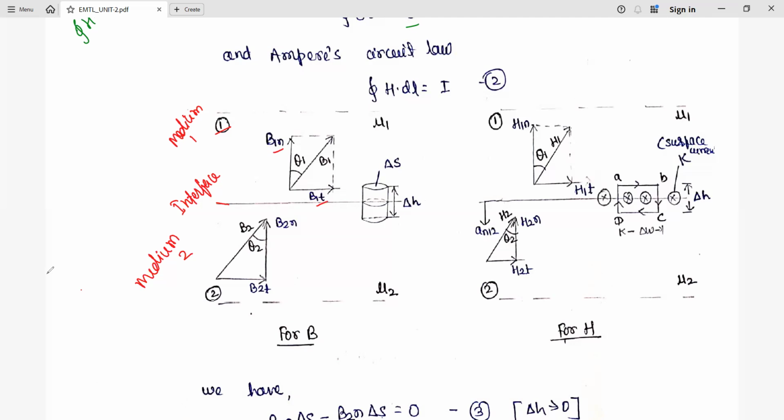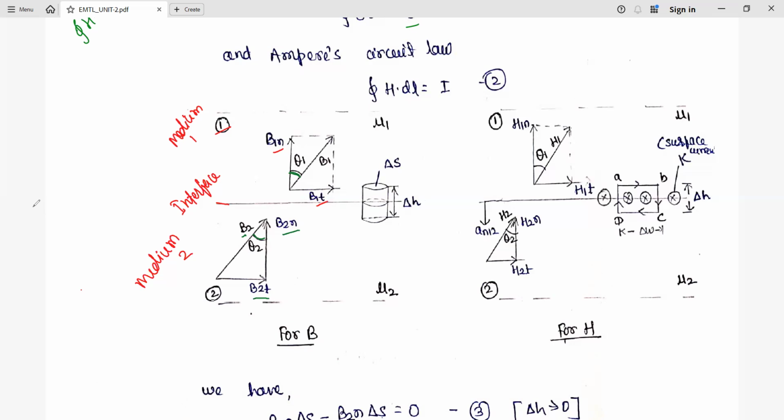Whereas in the case of medium 2, the magnetic flux density B2 has tangential component B2T and normal component B2N. If this flux density makes the angle theta 2 with the normal in medium 2 and theta 1 with the normal in medium 1, that discussion we will also have here. But in the case of electrostatics, all these situations we saw in a different way.